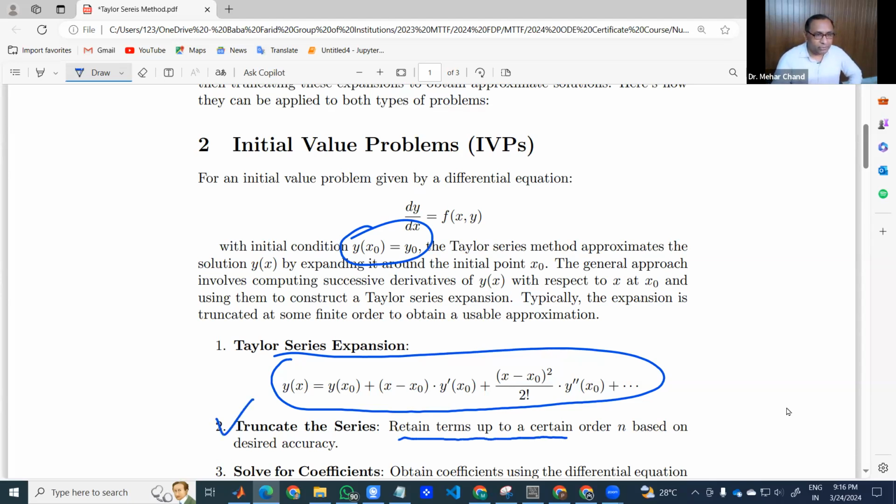Retain terms up to a certain order n based on desired accuracy. So according to the desired accuracy, we can truncate the series and consider the order of this power series, the Taylor series.